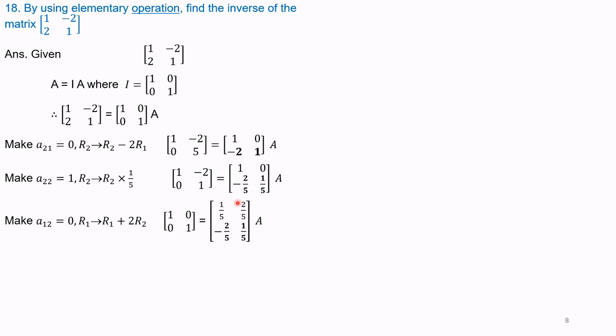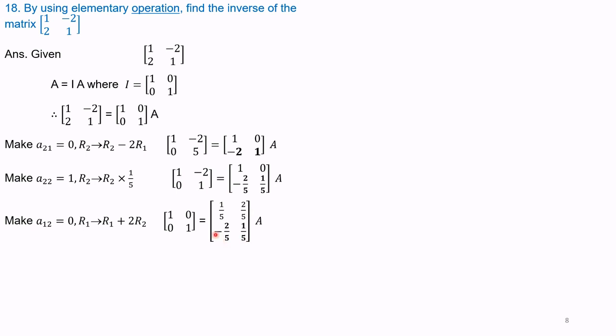Therefore, it will be 1 plus 2 into -2 by 5, that is 1 minus 4 by 5, so 5 minus 4 is 1, 1 by 5. And the other element will be 0 plus 2 into 1 by 5, that is 2 by 5.